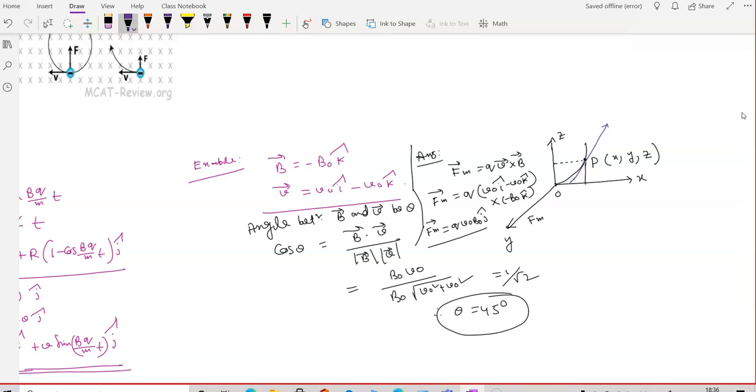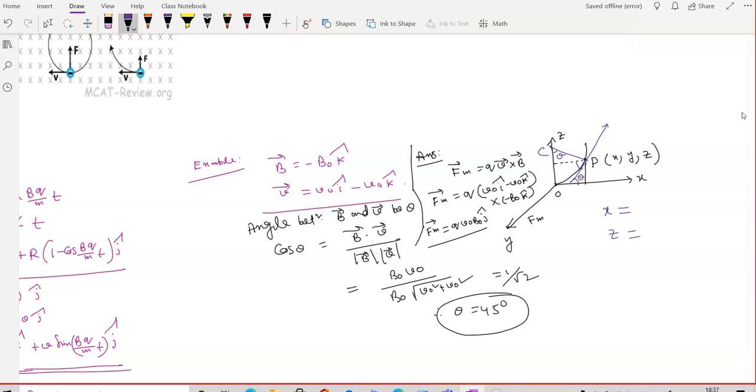Okay. This is the center of the circular path. If this angle is theta, this is going to be theta, this is 90 minus theta, and this angle is theta. Can you write the expression for x and z? Just as we did, x and z you can write. It describes a circular path in the x-z plane. So write the expression for x, write the expression for z.